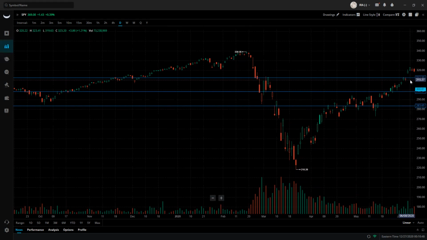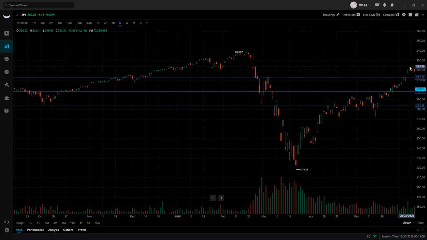This is one of those euphoric moments in the market that only solidifies the importance of support or resistance. If you had sold your long position here, the market gapped up above the resistance level and got rejected at this 322 level.